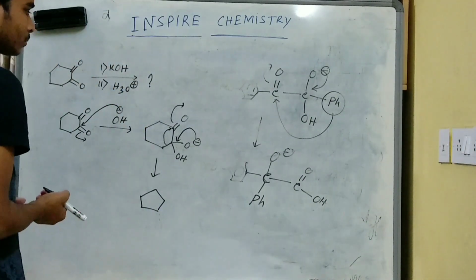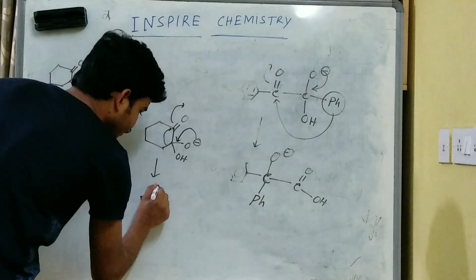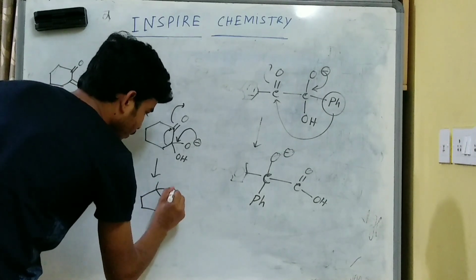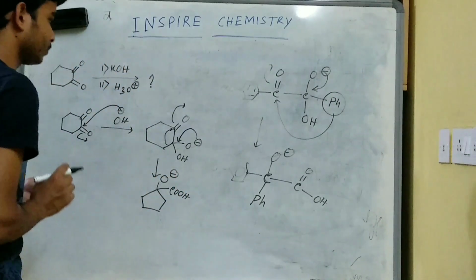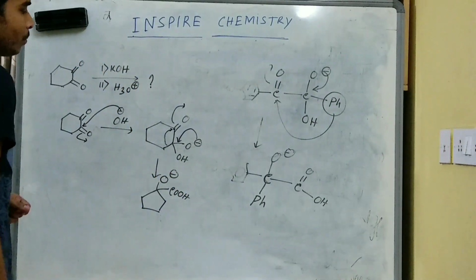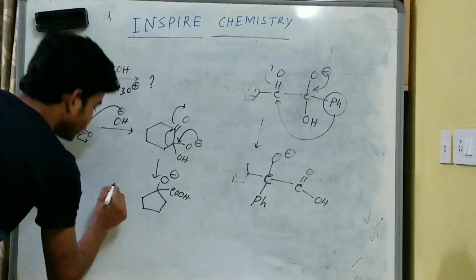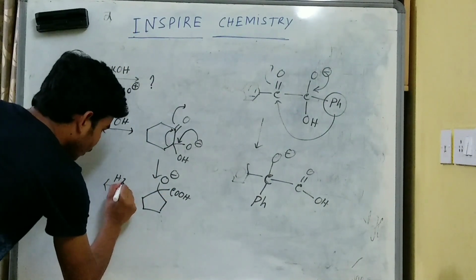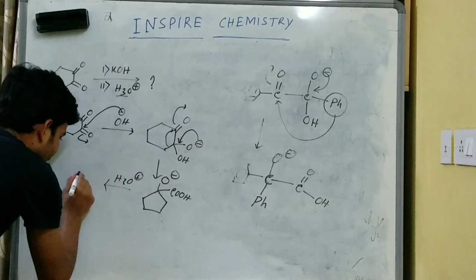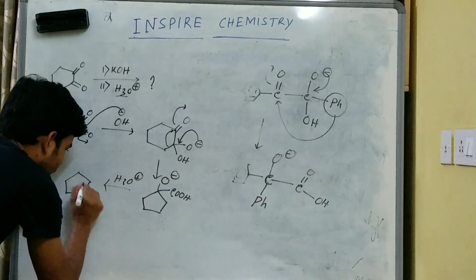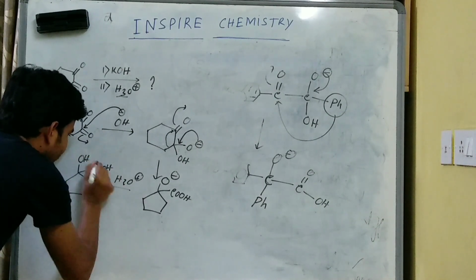So what will form here? This, and I have O negative. This type is formed. Now we give H3O plus here, so this will be protonated and form COOH and this OH.